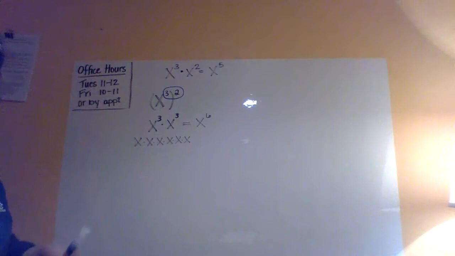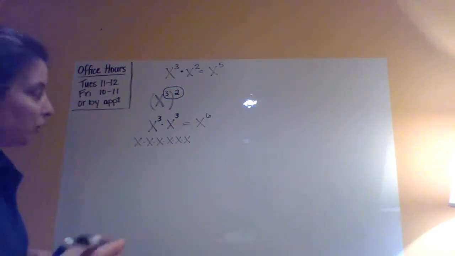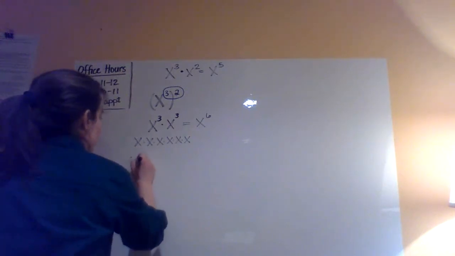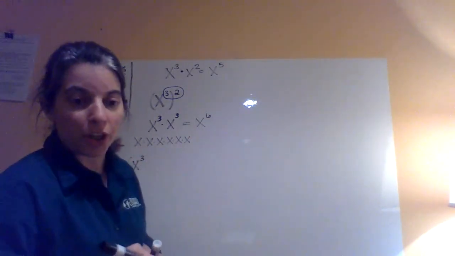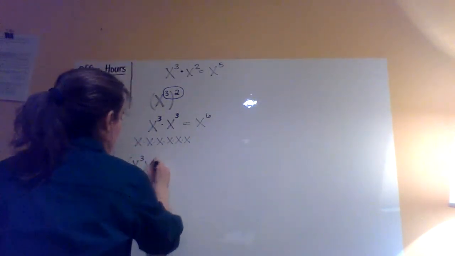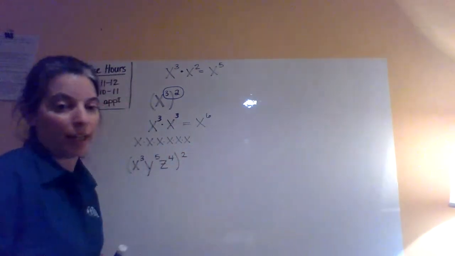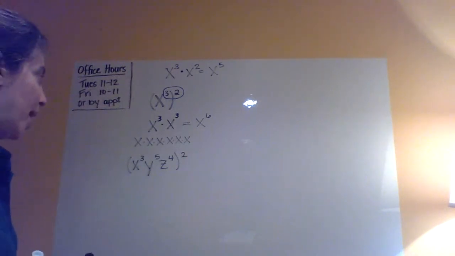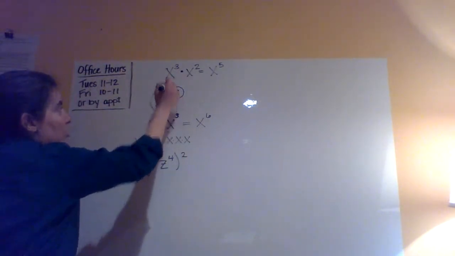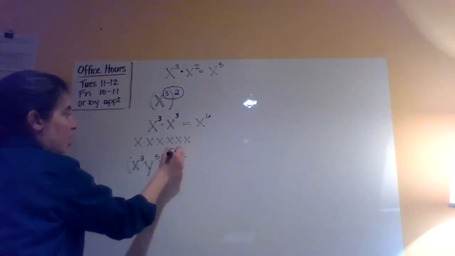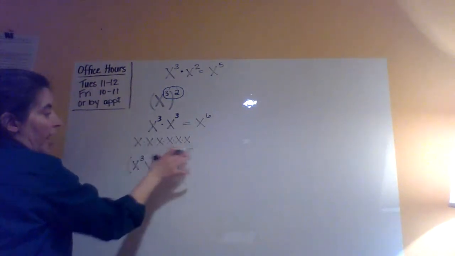Now to expand on that, let's look at the example in your notes. It's just a little bit larger example. So I have x to the third, y to the fifth, z to the fourth, and this whole thing is raised to the second power. So just like here, where these were multiplied, this is getting multiplied by every single exponent inside.